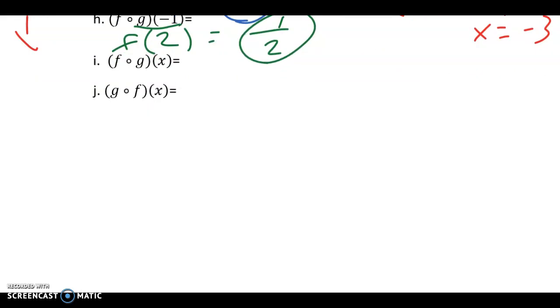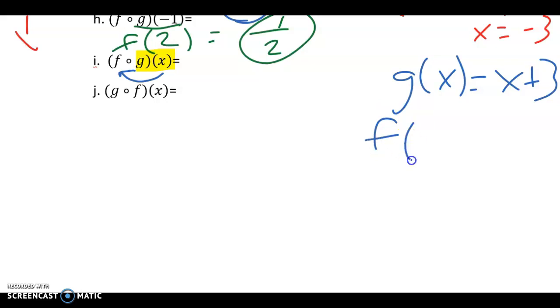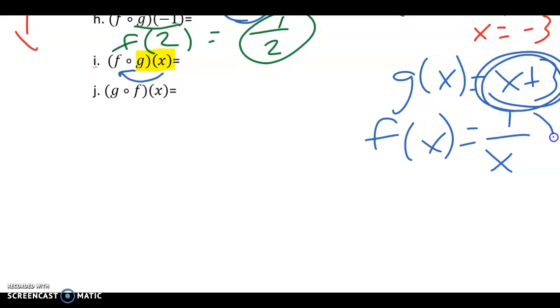So on this one, we're taking g of x and we're plugging it into f of x. So I have to know what g of x is first. So g of x is x plus 3, and f of x, remember, is 1 over x. What we're saying is we're taking x plus 3 and we're plugging it in for x right here.